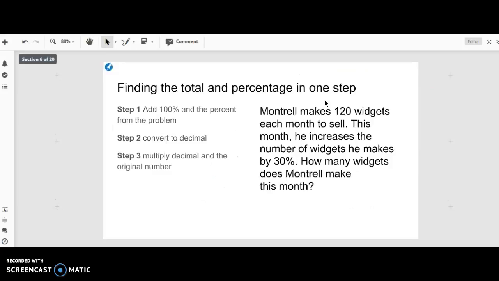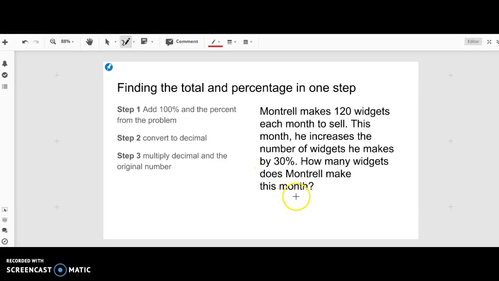So let's do the same problem by finding the total percentage in one step. So step 1 is add 100% of the problem, because he makes 120 widgets every month. And then he increases it by 30%.